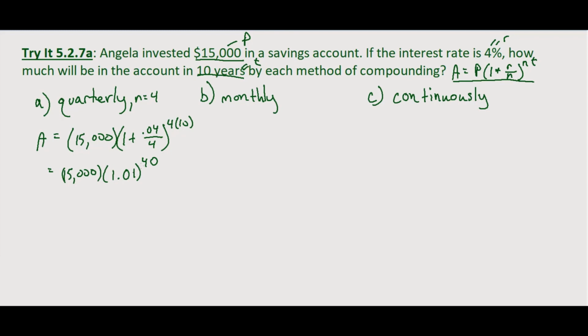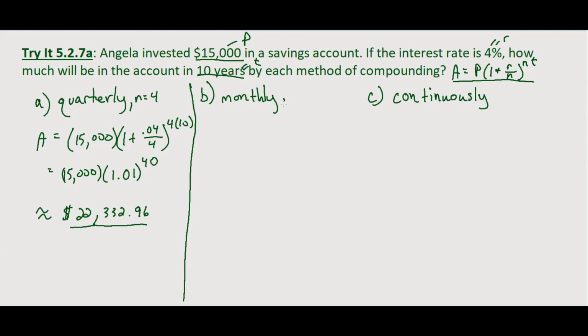If we take 1.01 to the 40th, multiply that times 15,000, we get approximately $22,332.96. And we would always round to the nearest cent unless we're told otherwise.